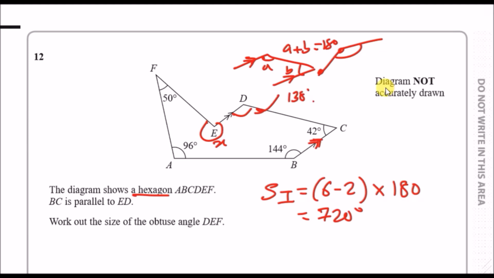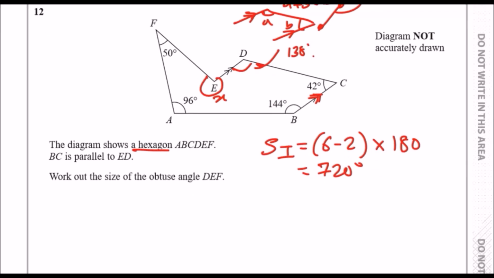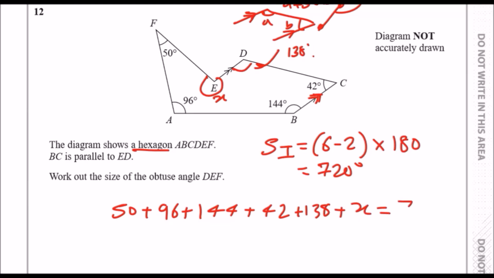So that means all of these interior angles here, 50, 96, 144, 42, and 138, and x must sum up to 720. So let's go ahead and sum these up here. I'm just going to write it down right here. You guys can go ahead and smash this in your calculator just to verify it. Plus x equals 720.